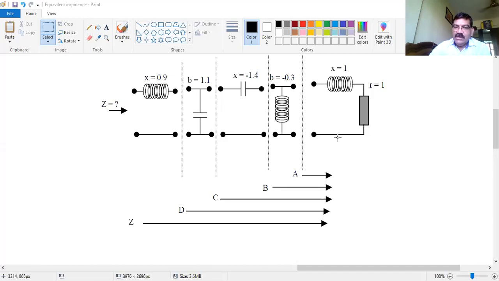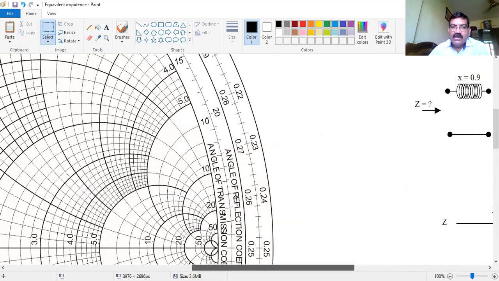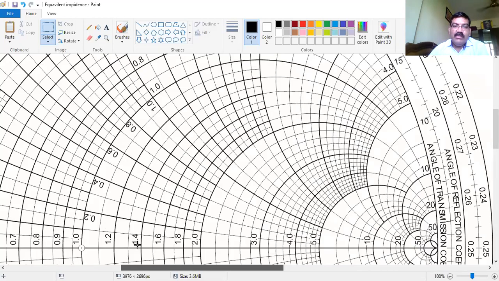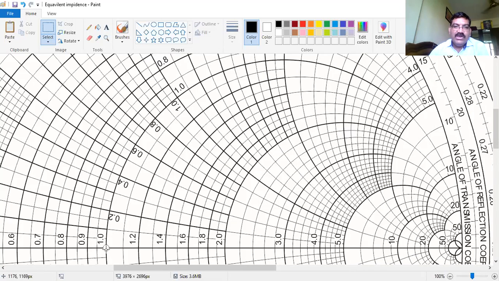So very first, I have to do this: A is 1 plus 1j. Quickly I'll plot the 1 plus 1j. This is my Smith chart. On the Smith chart I'll go here, 1 plus 1j. This is the point I got, where this is one real part and this is one imaginary part.